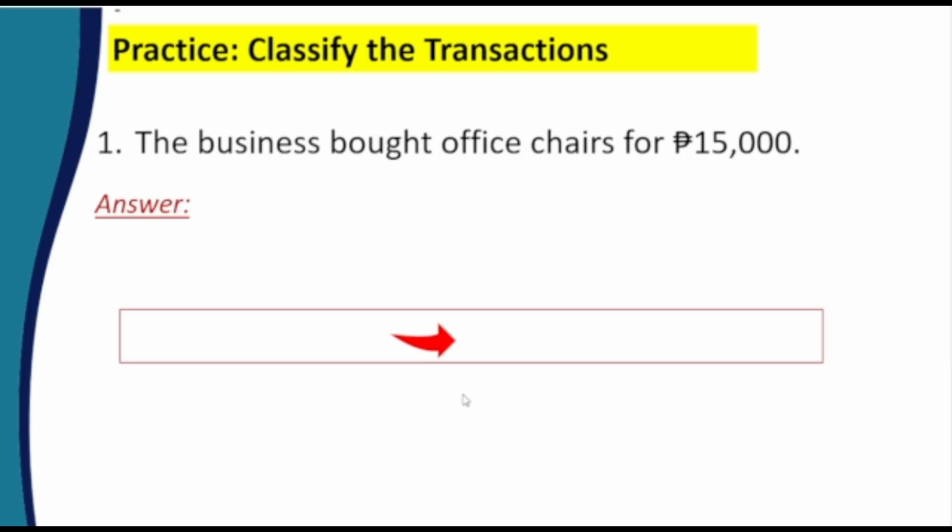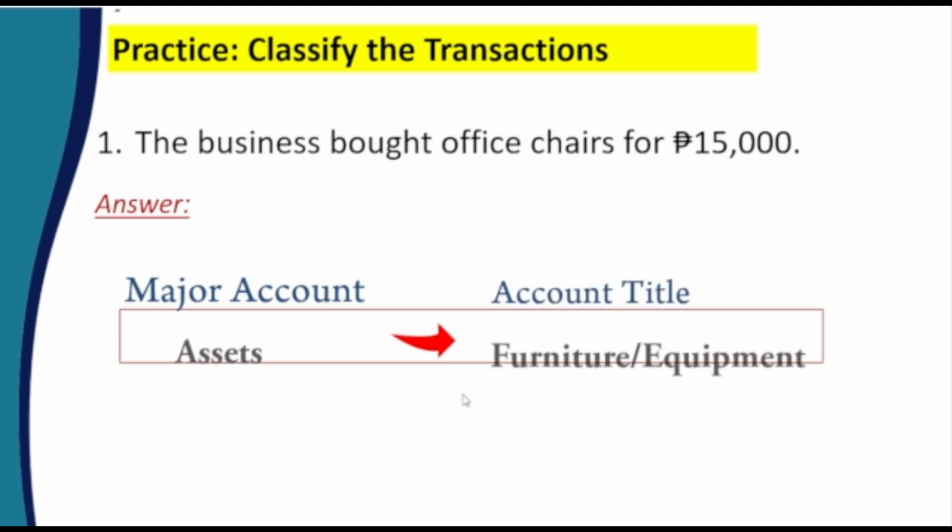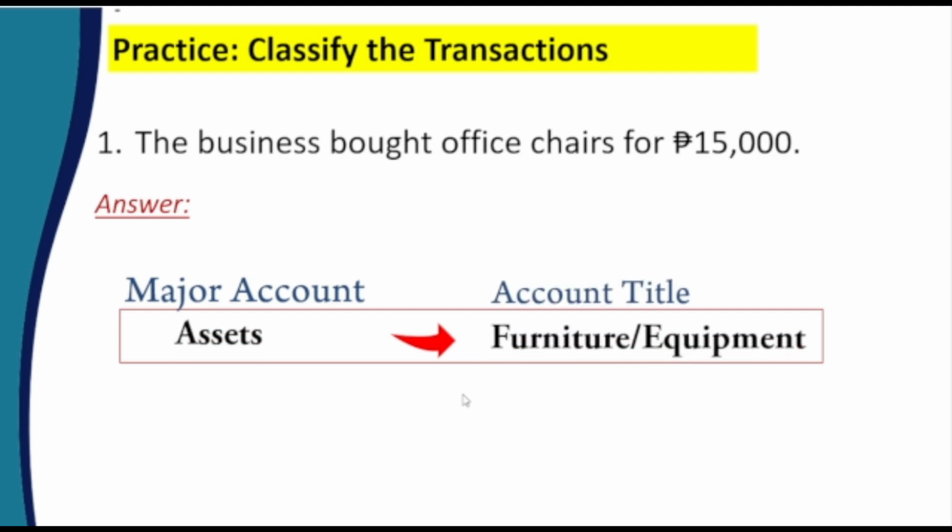Okay? So, sige. Meron tayong major account and account title. So, yung major accounts niya is asset. Then, yung account title niya is under siya ng furniture or equipment. Guys, sinabi ko kanina yung office chairs is account title, yes. But to make it formalized, so, kung para po formal siya, gawin natin siyang furniture or equipment.